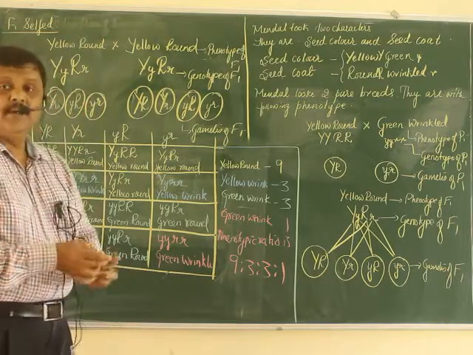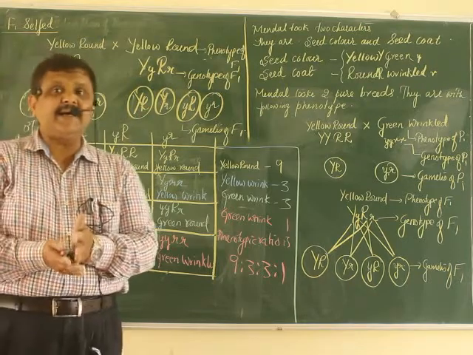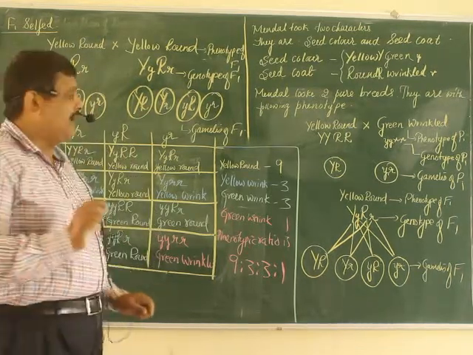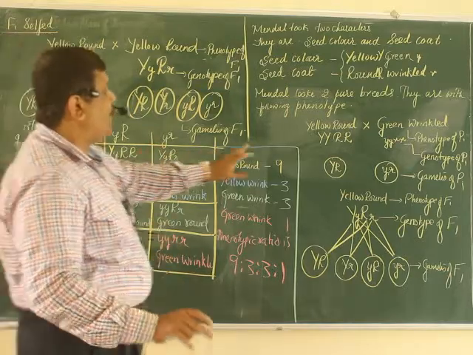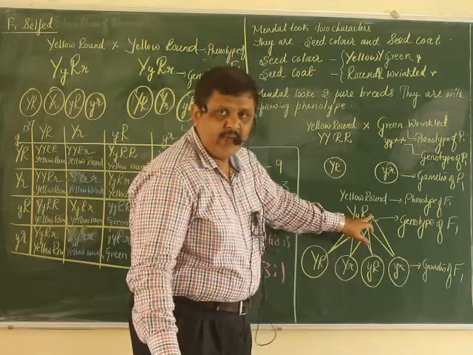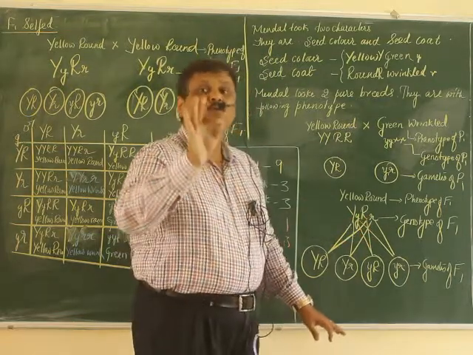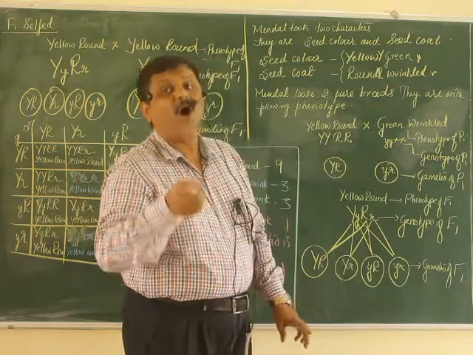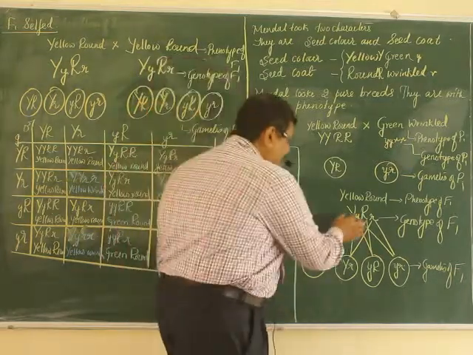Okay. Now, sir, you didn't explain us the law. I'll explain now. I wrote that whenever more than one pair of contrasting factors are brought together in a hybrid. Look here.